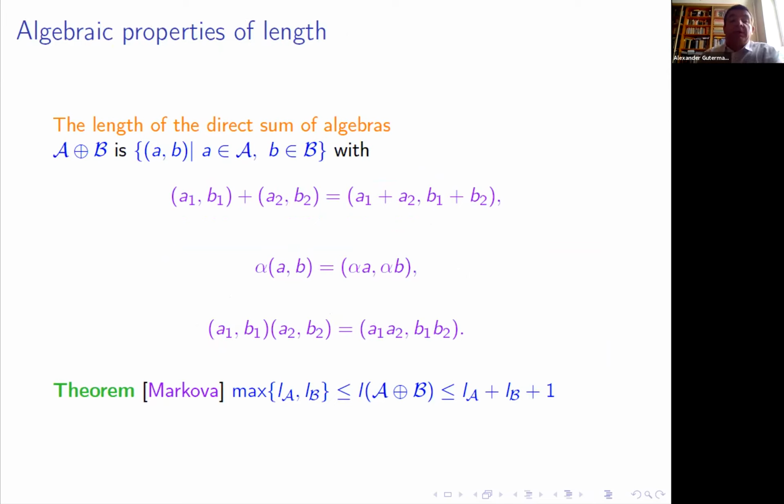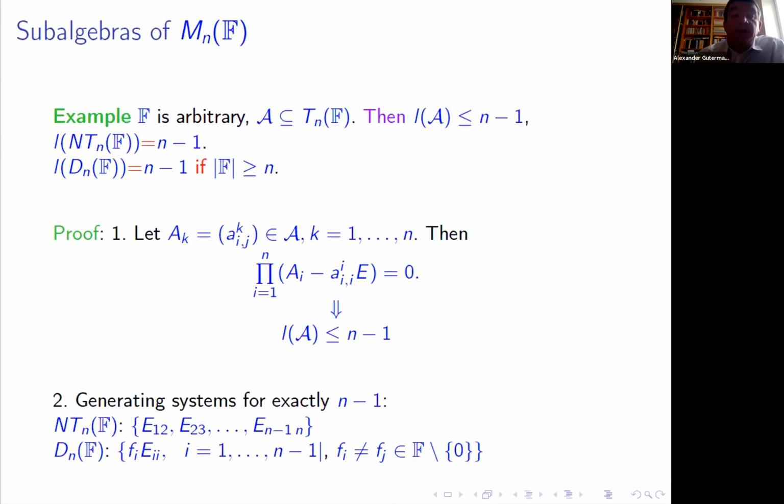For example, direct sum of algebras. There is a result of Olga Markova saying that we have an upper bound and a lower bound written here. In fact, these two bounds are sharp.